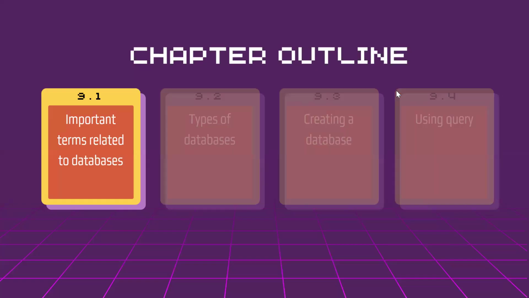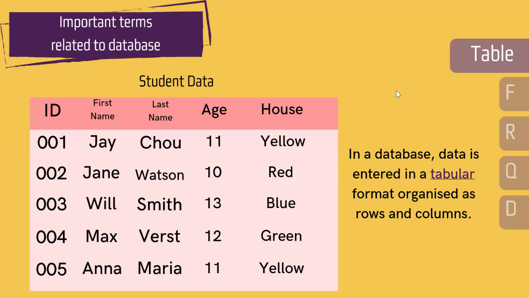All right. So, the important terms related to the database. The first very important term is table. A table is what? In a database, data is entered in a tabular format organized as rows and columns. So if somebody asks you what a table is, what are you going to write?